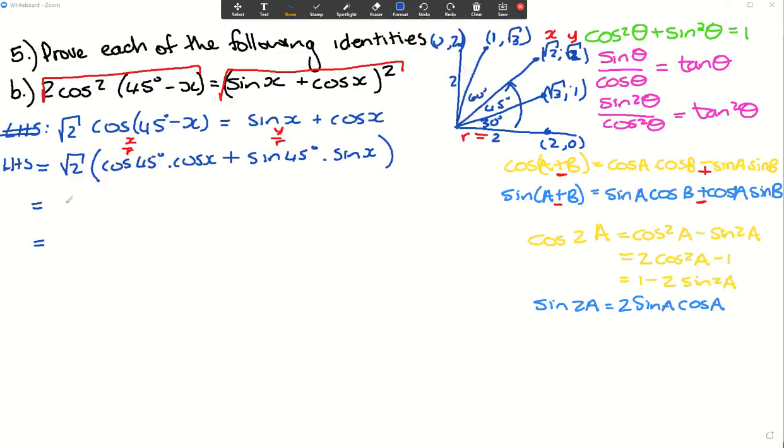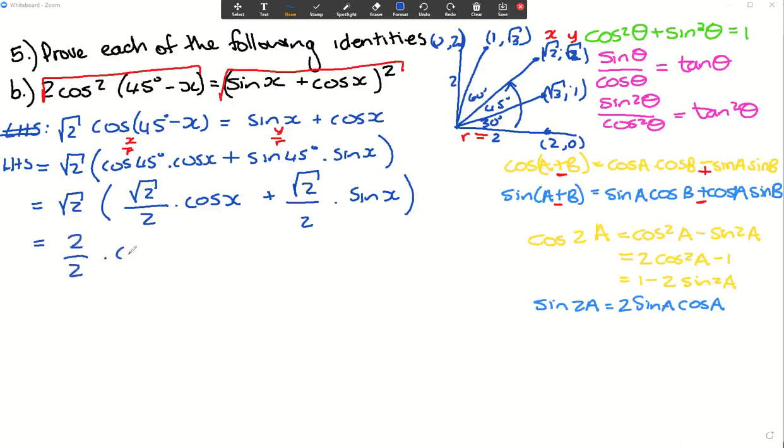So when we go here, we keep root 2 out in the front, and we have root 2 over 2 times cos x plus root 2 over 2 times sine x. And when we distribute this root 2 in, root 2 times root 2 gives you 2 over 2 times cos x, and times that root 2 in, we get 2 over 2 sine x.